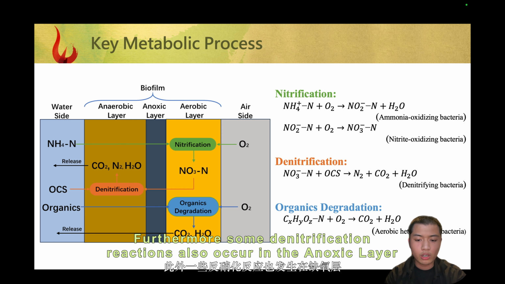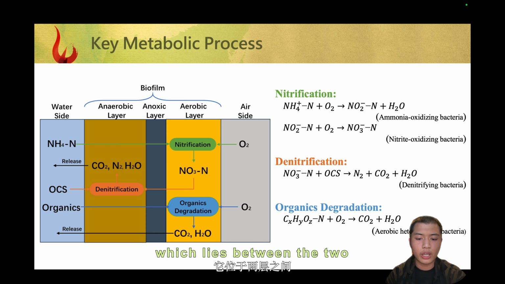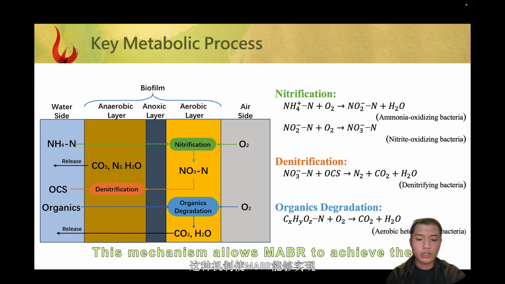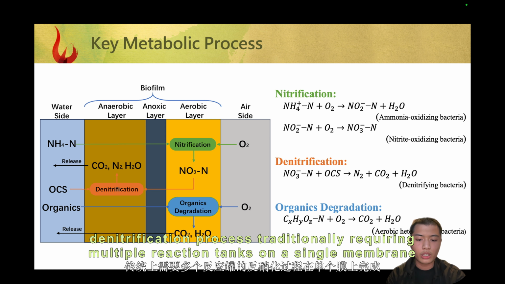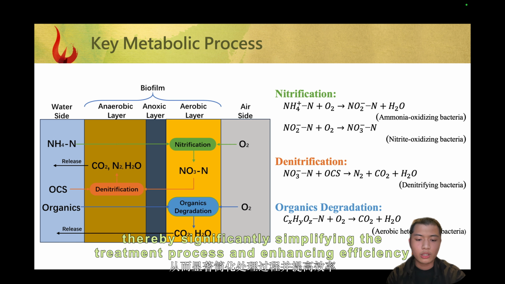Furthermore, some denitrification reactions also occur in the anoxic layer, which lies between the two parts. This mechanism allows MABR to achieve the denitrification process, which traditionally requires multiple reactors, on a single membrane, thereby significantly simplifying the treatment process and enhancing efficiency.